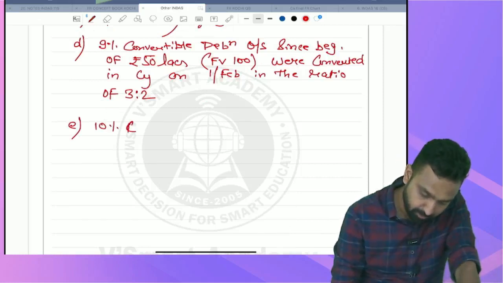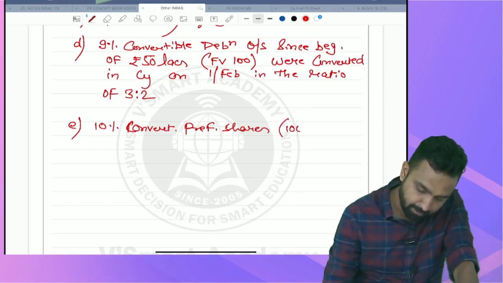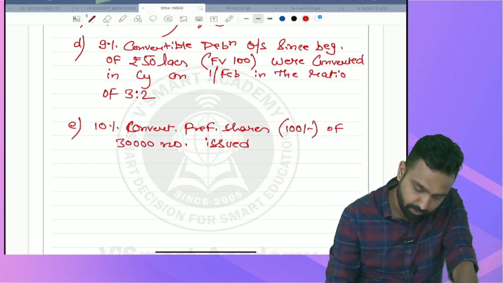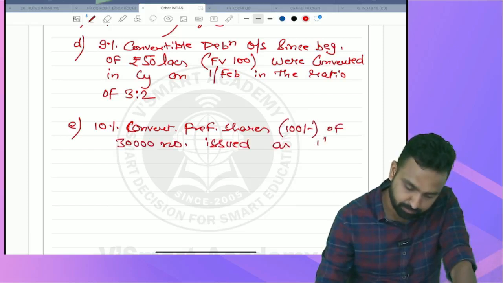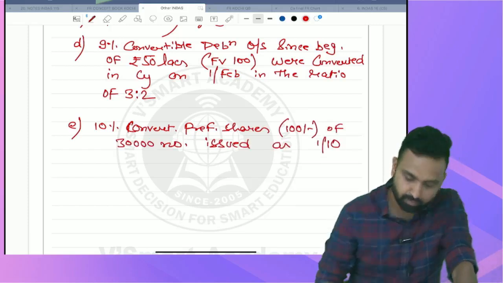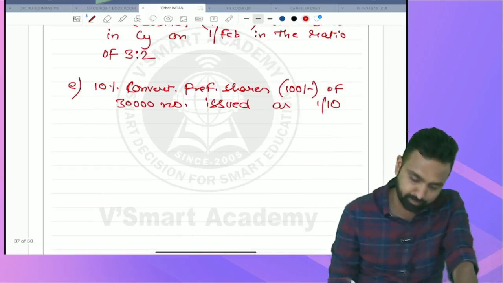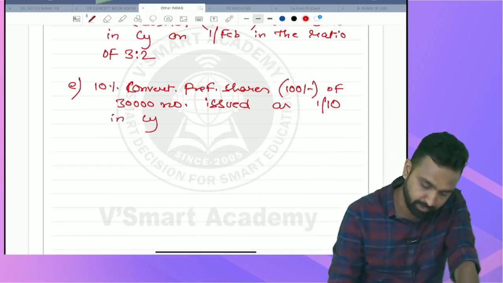10% convertible preference shares of 30,000 numbers issued on 1 October in the current year.